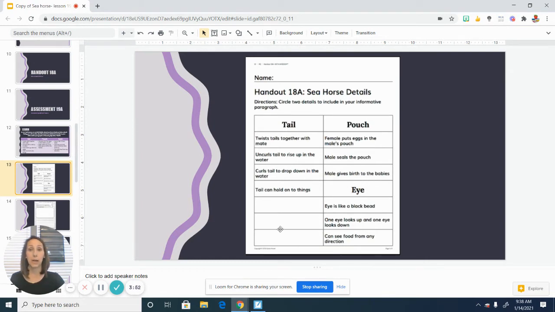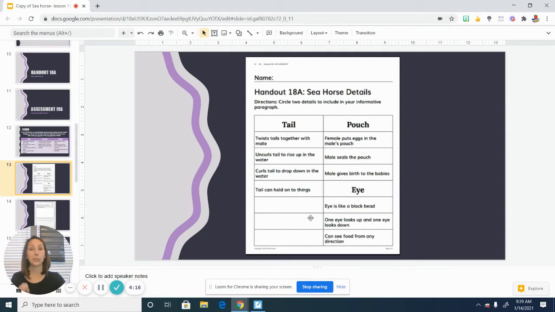So you want to find your feature. So let's just say you chose to write about the eyes. I'm going to write about the eyes, so I'll use that as my example. But if you chose the eyes, you would be looking just in this section. If you chose the pouch, you would be looking just in this section. And if you chose the tail, you would be looking just in this section.